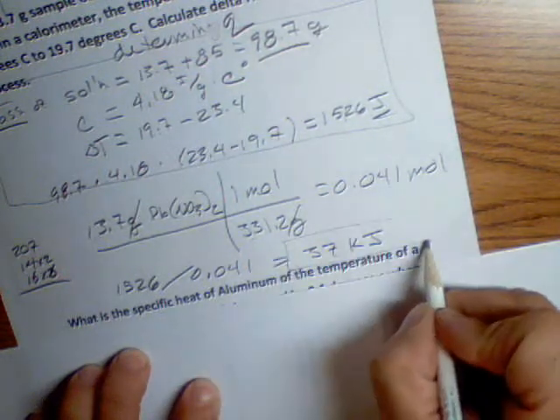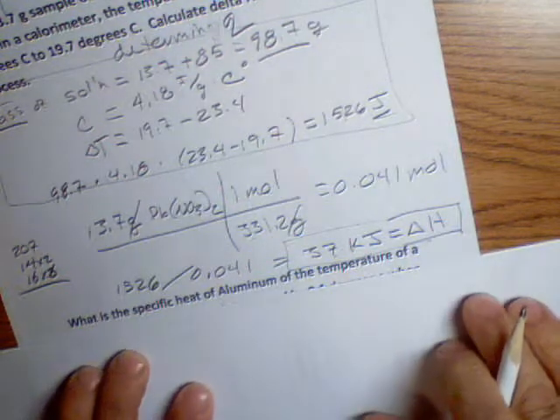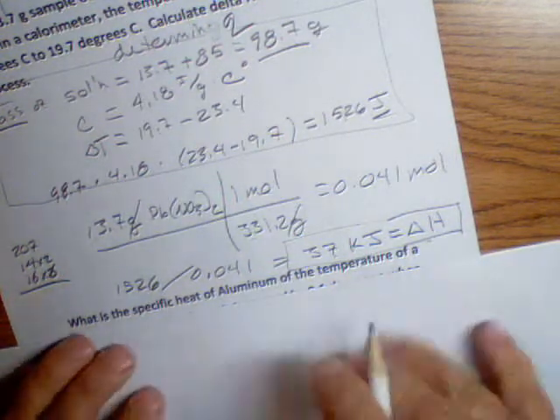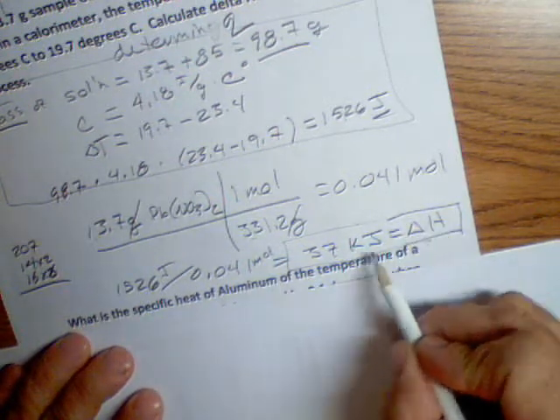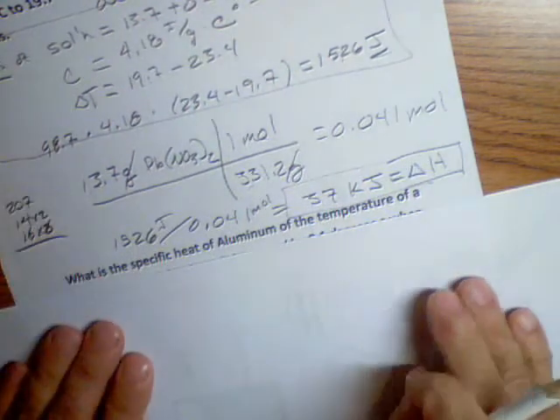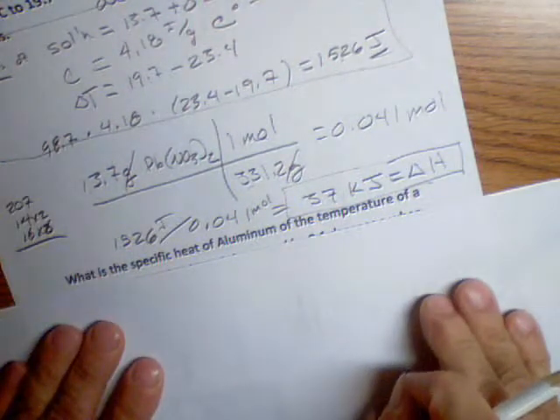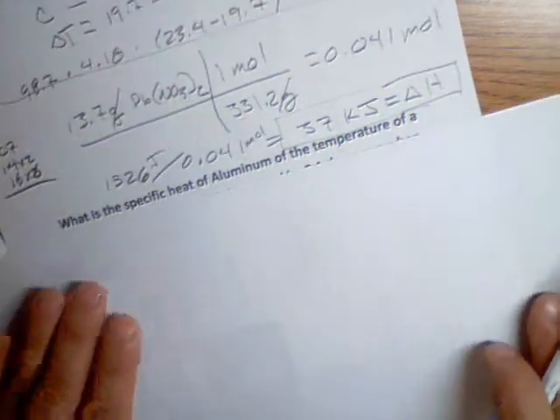All right. So that is our delta H. Okay. So we divided our joules by our moles, and we got our delta H. These units, those would be positive, right?